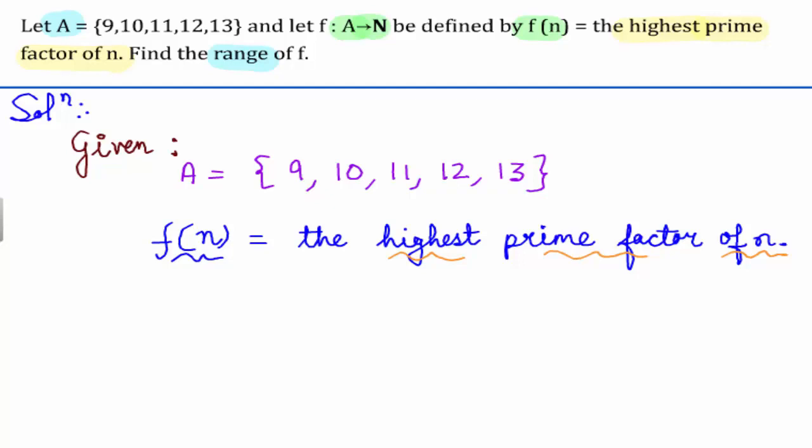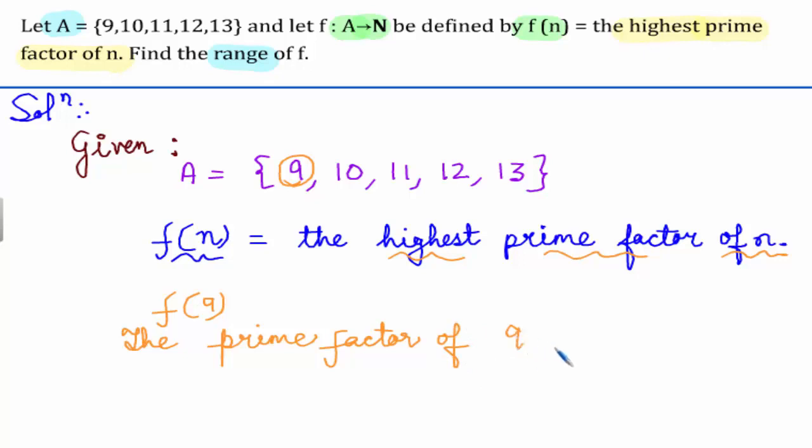So first let us find out f of 9. For that we need to know the prime factors of 9. The prime factor of 9 is 3, because 3 is the only prime factor of 9. Therefore, f of 9 will be equal to 3. Next we have to find f of 10.